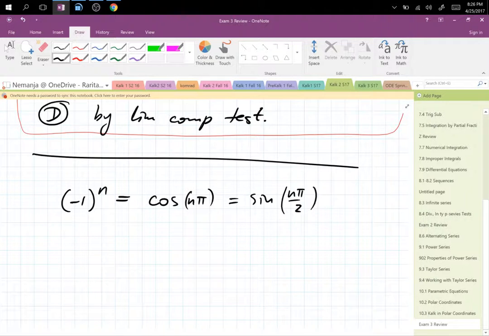If the limit isn't 0, or if it's divergent, then it's divergent.